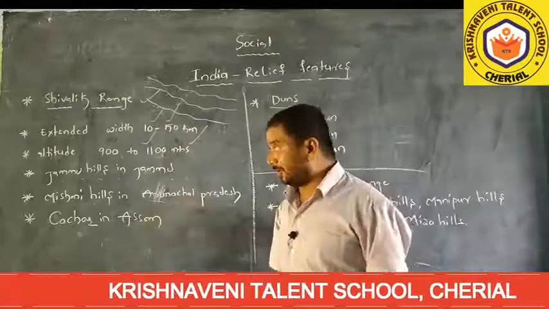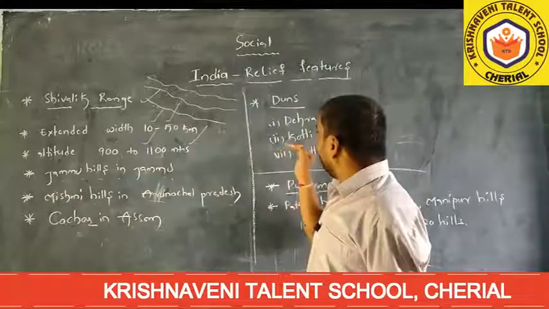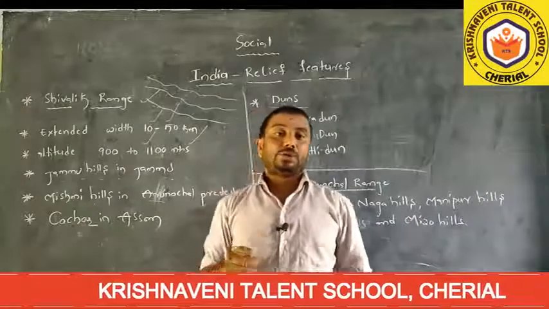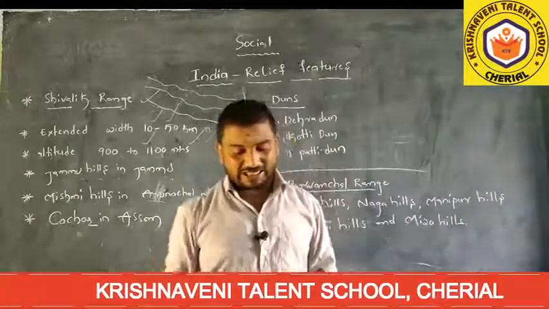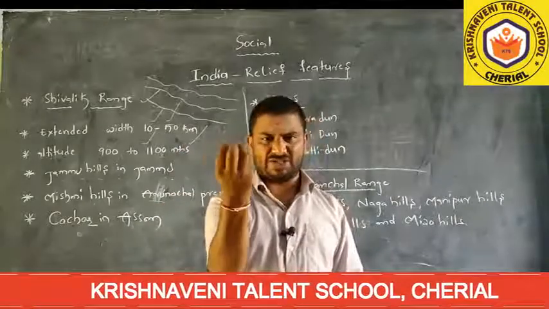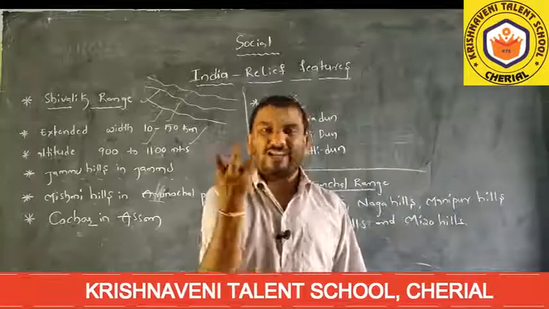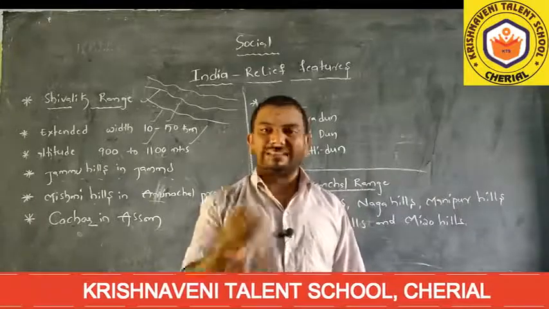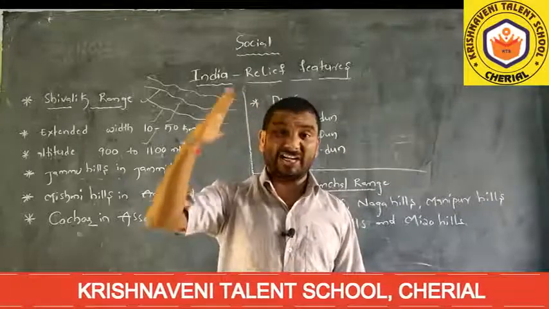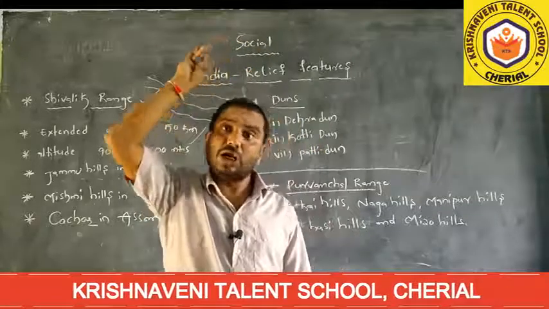Now the Shivalik range. What is the nature of the Shivalik range? Gravels mean stones, like white stones. Gravel, alluvium soils, good fertile soil, pebbles, sediments, because many rivers originate in the Himadri range, like Ganga, Brahmaputra, Sindhu.